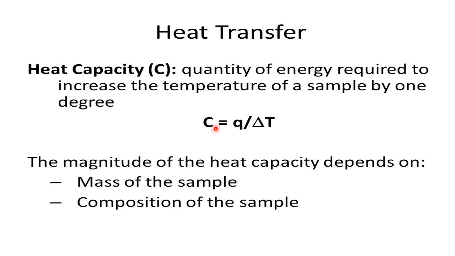Now consider 1 gram iron and 1 gram copper, or 1 gram iron and 1 gram water, or 1 gram iron and 1 gram oxygen gas. So heat capacity not only depends upon the mass of the sample, it also depends upon the composition and the nature of the sample. So this is a very important point.